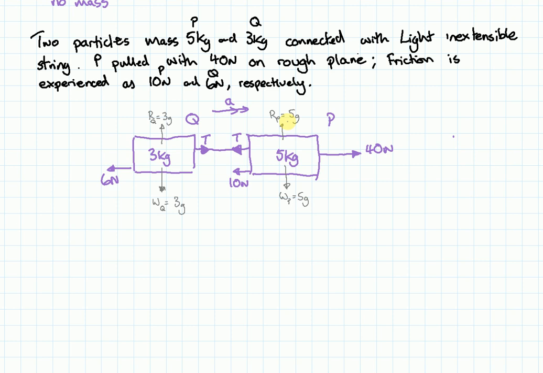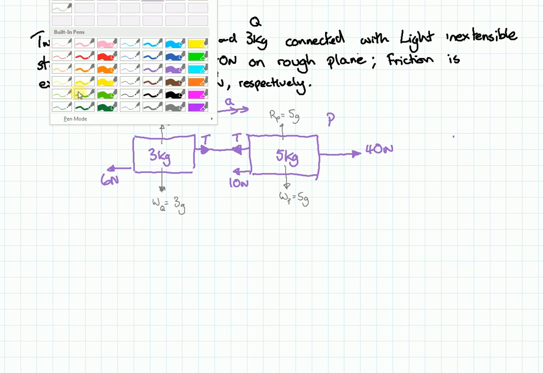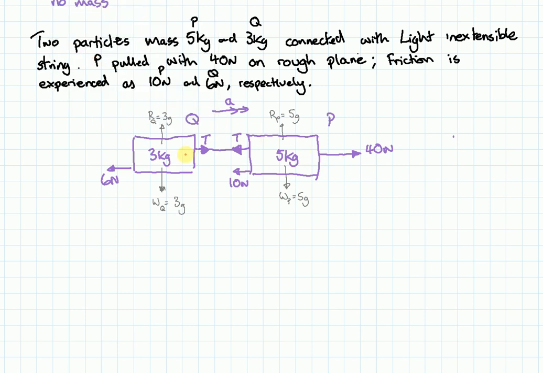Okay. So what we can do first of all is, as they're moving together, we can treat this as one system. For part A, they want to find the overall acceleration. So in part A, find the acceleration. And as they move together, we're going to treat them as one particle.